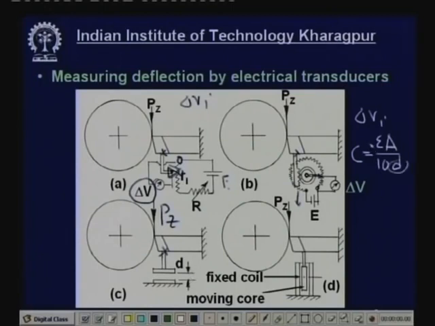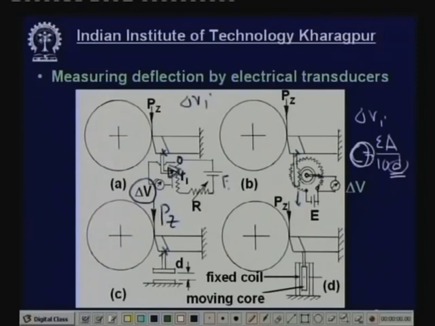So this capacitance is inversely proportional to this gap. With the change in gap, the capacitance will change, and this gap will change because of the deflection of the tool caused by the force Pz. Thus the Pz force and capacitance C are directly connected. From calibration we can find out Pz from the capacitance.